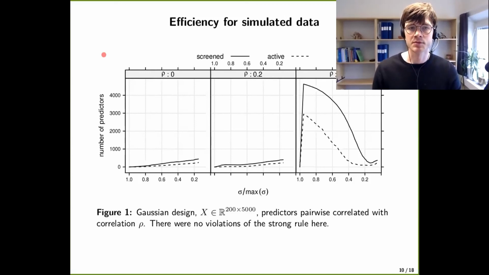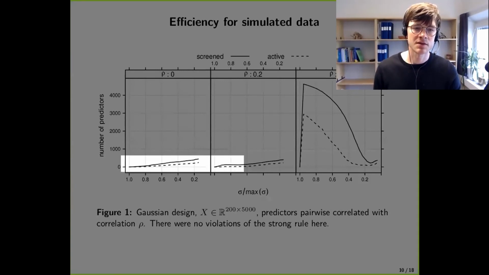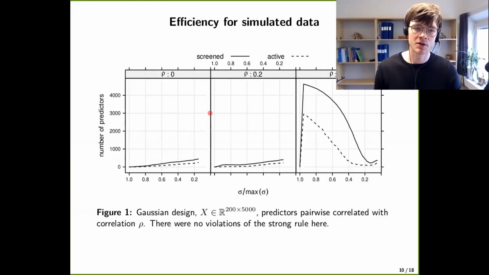And we have correlated each predictor with each other predictor with a correlation of rho. We're starting with small correlation and then increasing it as we go on. And we see already that at low correlation, the rule is extremely efficient. We're basically discarding all of the other predictors down to the straight line over here. So the dashed line corresponds to the true active sets of the estimates.